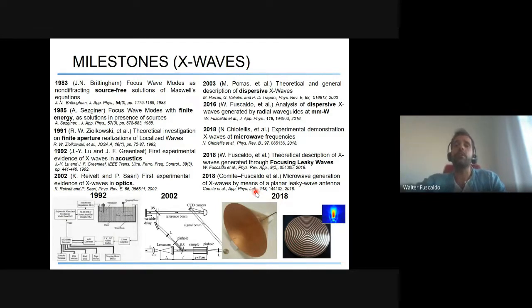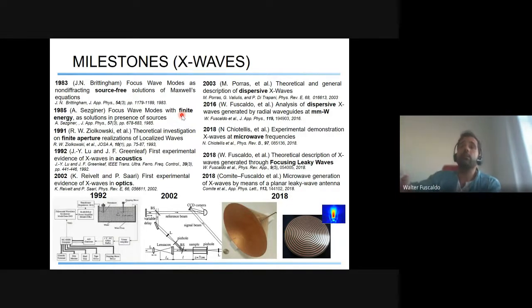Anyway, it is good to have an idea of how the experimental validation of X waves went along in history. Basically, the first realization of X waves appeared only in the early 90s in acoustics, and was followed after 10 years in the optical range. But to have an experimental validation of X waves at microwave frequency, we had to wait until the last few years.